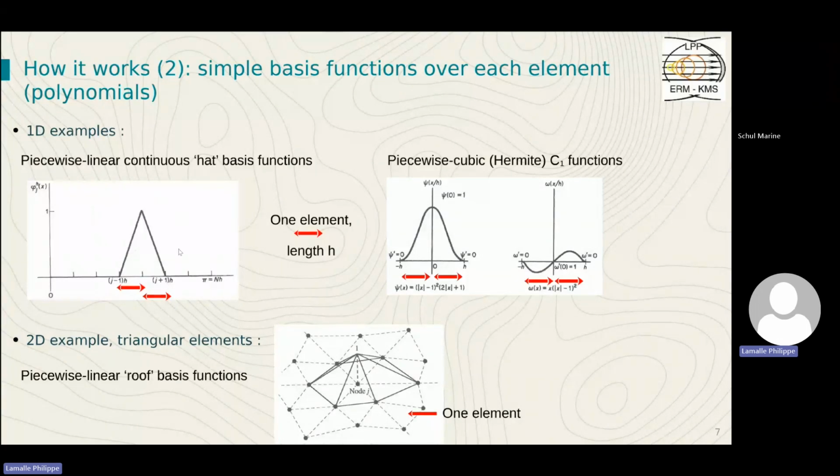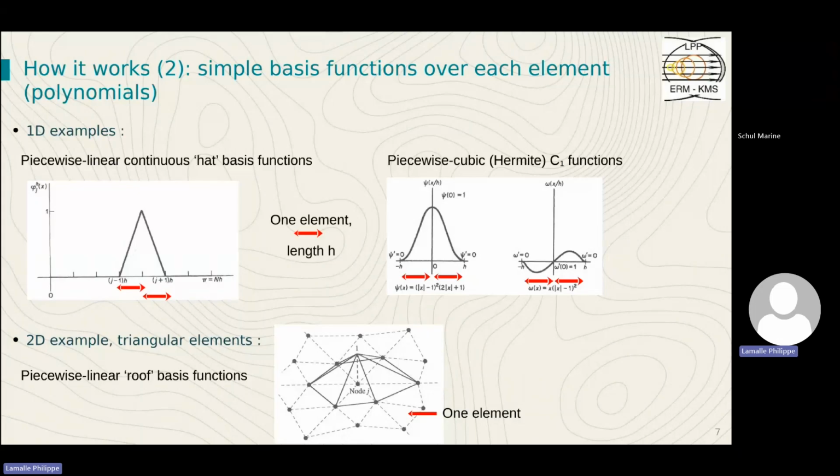And so by selecting a collection of these basis functions, one can approximate the solution that will have to be found. On the right, you have elements with higher degree basis functions, here cubic polynomials, which in general give you much better accuracy. These are just examples.